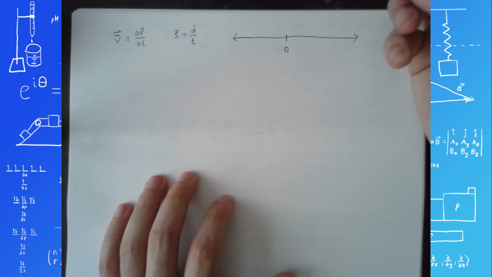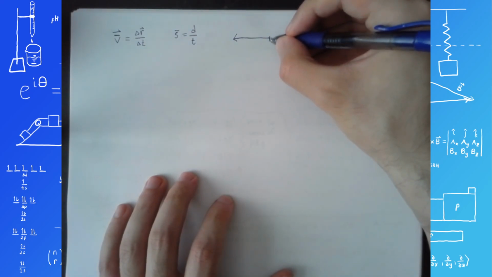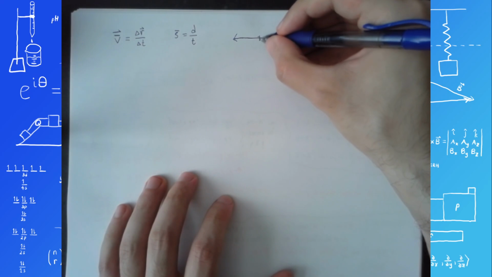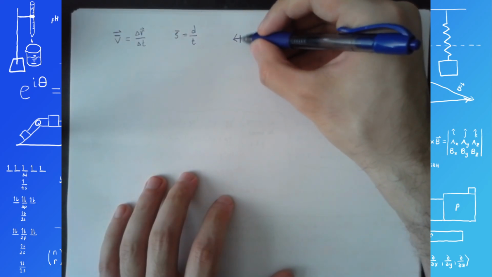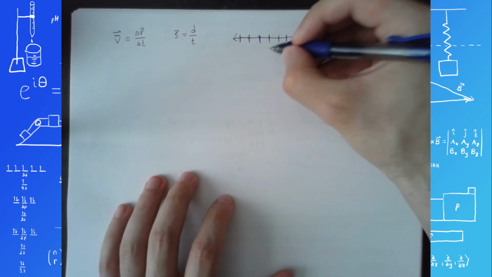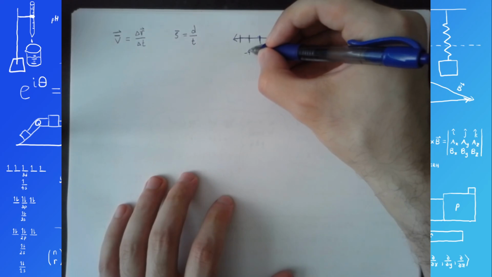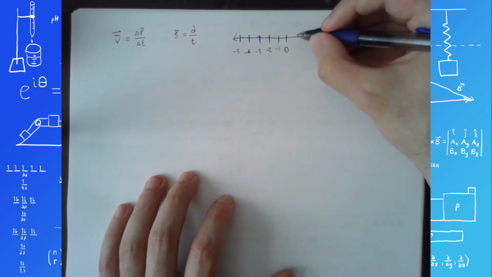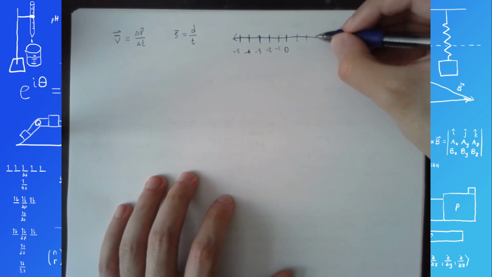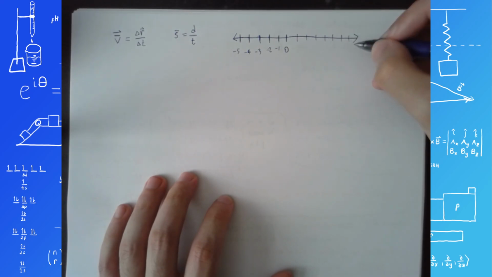We'll say that's position 0. 1, 2, 3. They're not very evenly spaced, but let's pretend that they are. -1, 2, 3, 4, and 5. And then over in this direction, 1, 2, 3, 4, 5, and I guess I have space to go even further, 6 and 7.